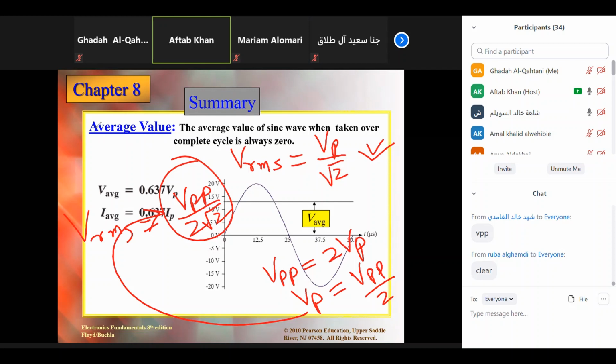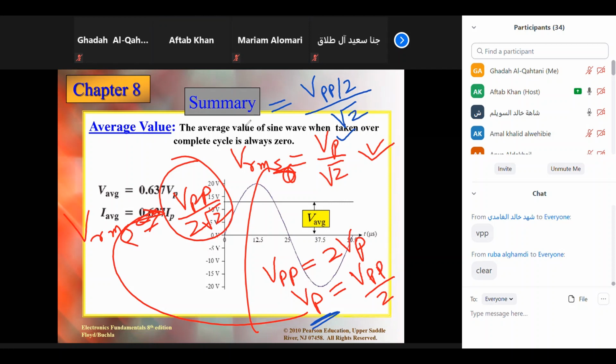Not this one, sorry, this equation here, because here is VP. So when you put this VP value, we will say VPP over 2 over root 2. Clear? So this root 2 will come down and we will have VPP over 2 root 2.